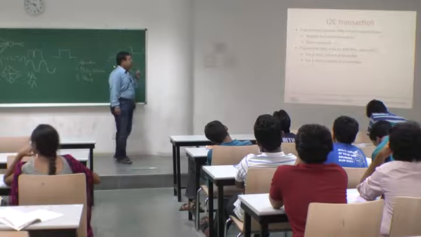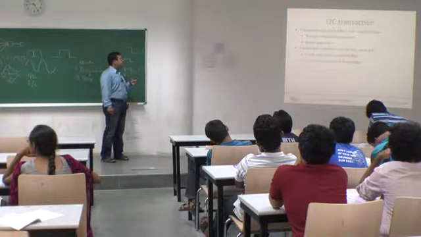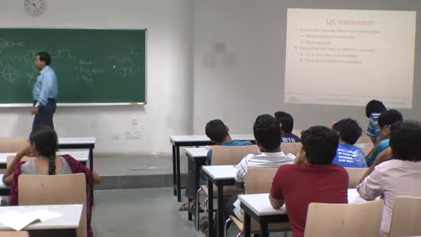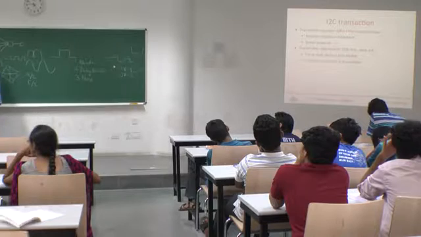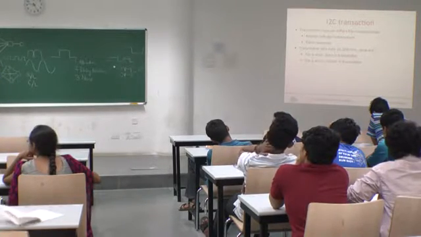So, the transmitter sets data on the system data line and the slave acknowledges. For a read, slave is the transmitter, master is the receiver, and for a write operation, master is the transmitter and slave is the receiver.